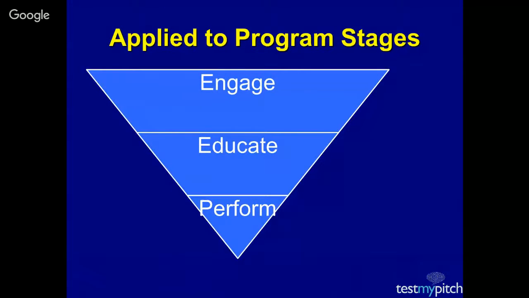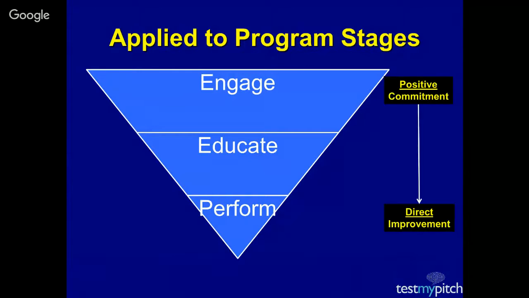So when we're developing our criteria and we apply this idea to our program stages, it's actually really interesting. We want to move from the engagement stage, being positive and focused on developing individual commitment, to being more direct and focusing on individual improvement. And so that scale is going to slide. It's not all or nothing.